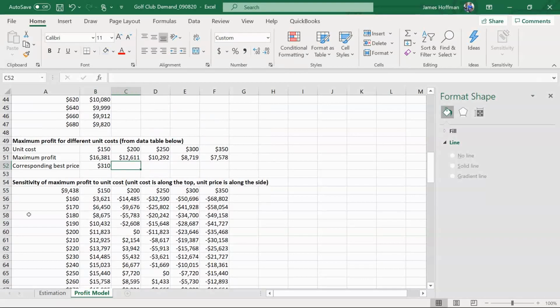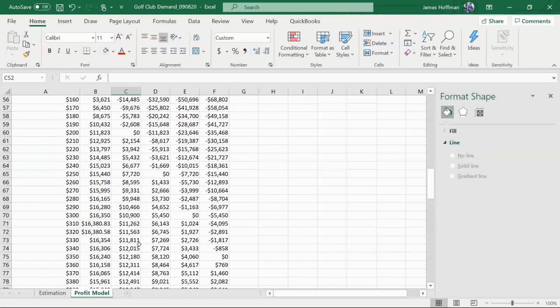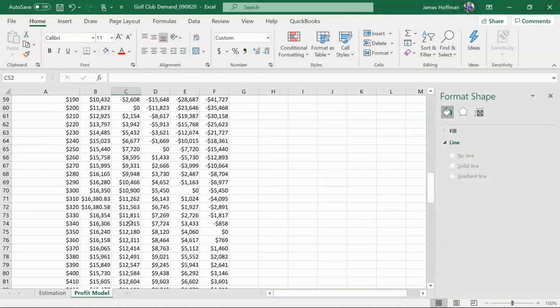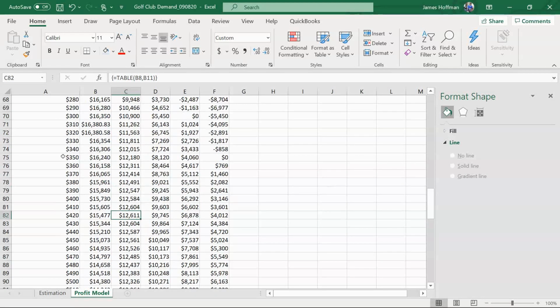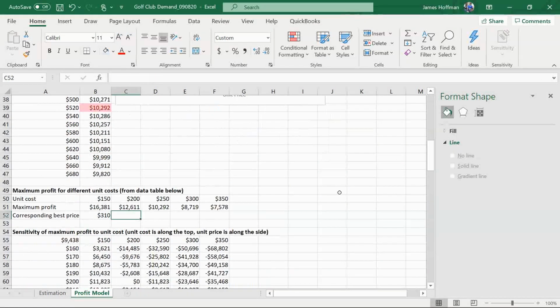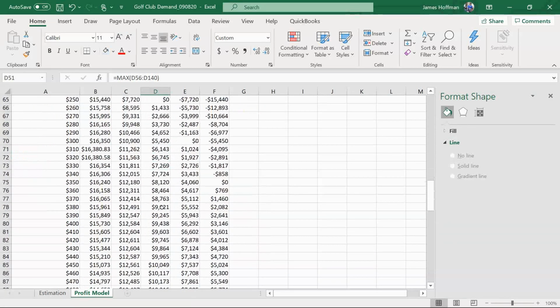Just type that in there, and then let's find the best price that gives us this profit under the 200 column. Okay, that would be a price of 420. What selling price gives us 10292 in this column?